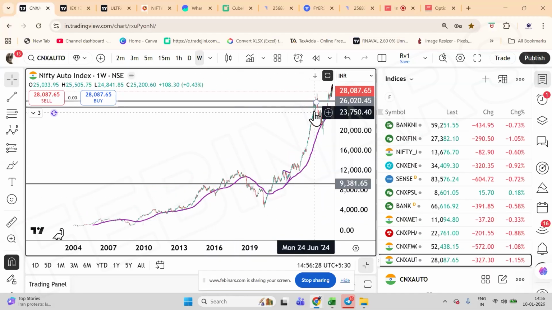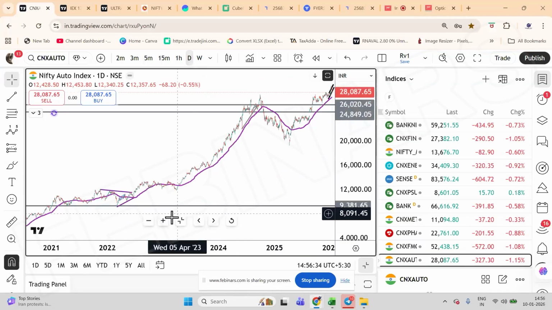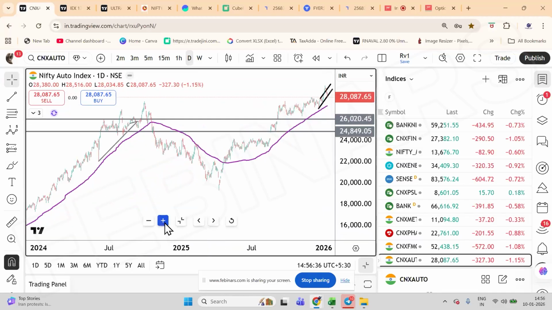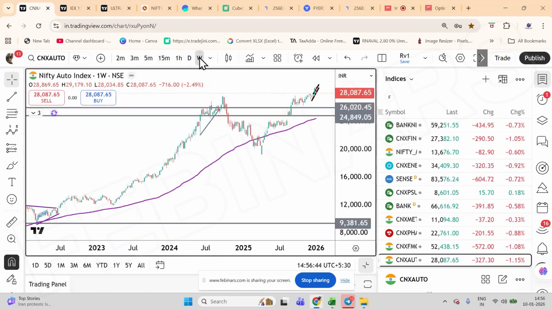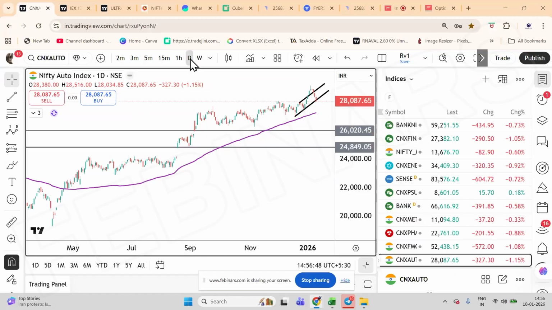At least the third might have completed, or some one more small leg might be there in the third. It is a questionable third wave in a larger degree. Auto index may have completed the third. So that is the structure we are seeing in the auto index as well.